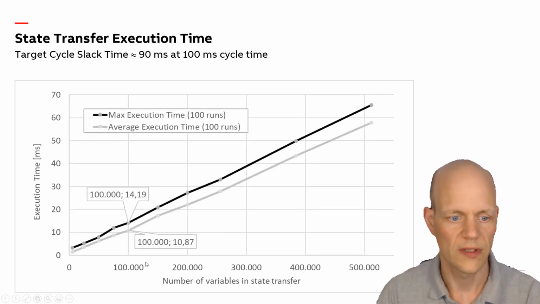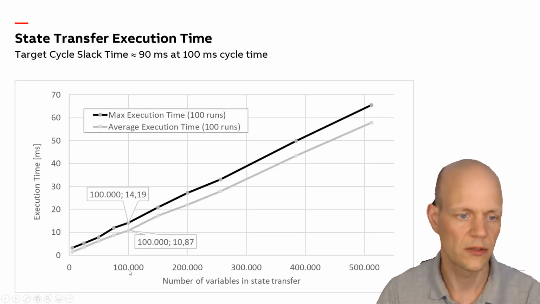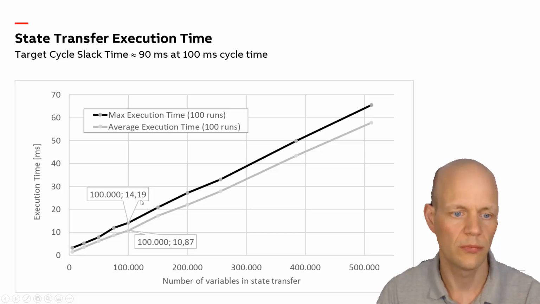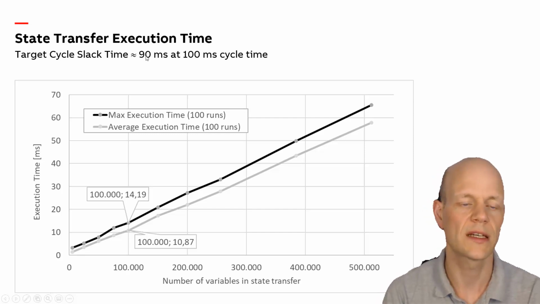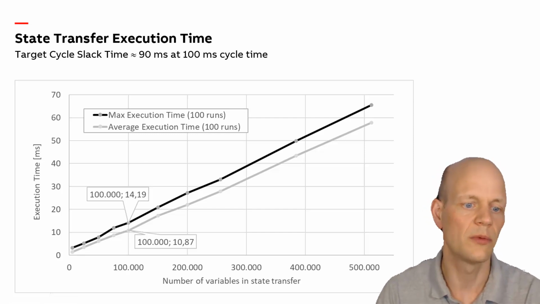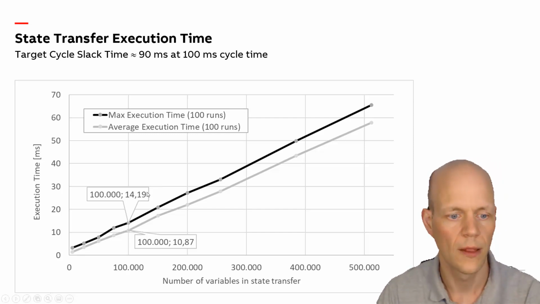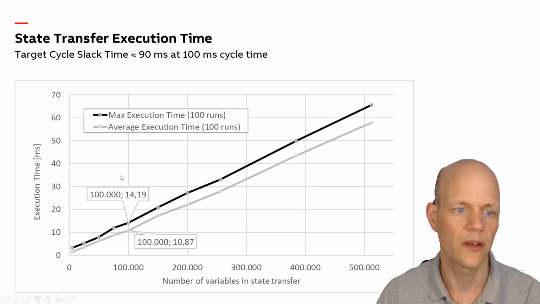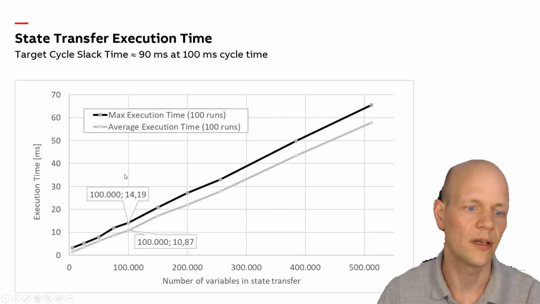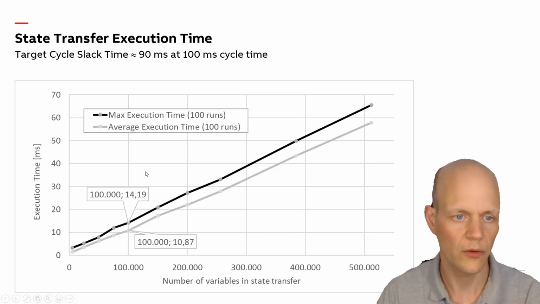And if you look at the results, 100,000 variables, which was our target derived from the application, could be transferred in 14.19 milliseconds at the worst case. And that is well below our target of 90 milliseconds. So the experiments showed here that it's possible to do the state transfer across different nodes as promised by our approach. So that worked out nicely.